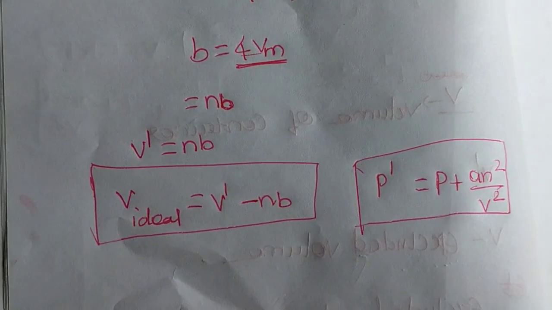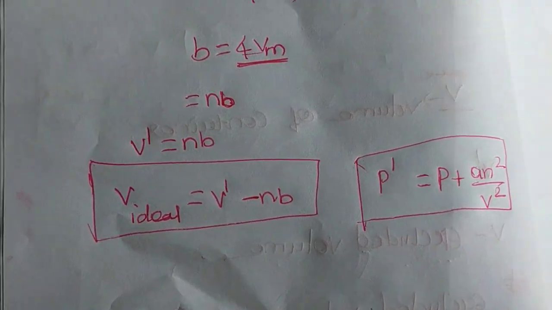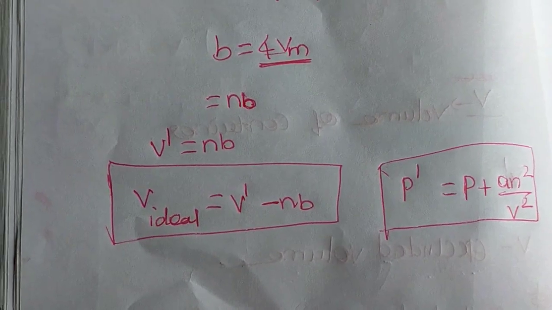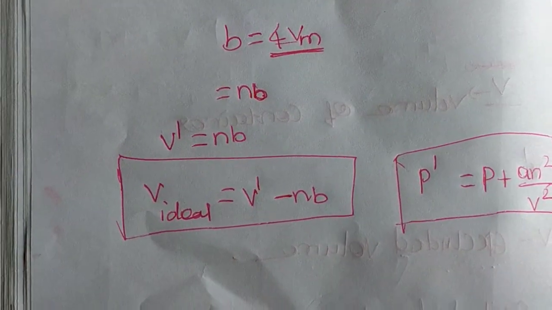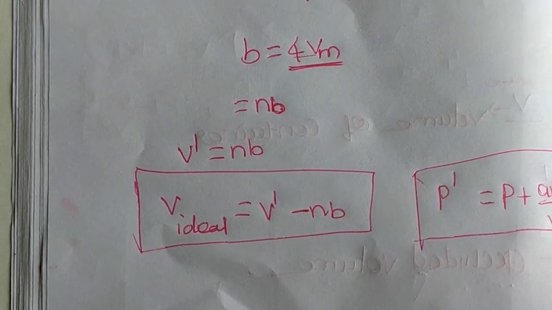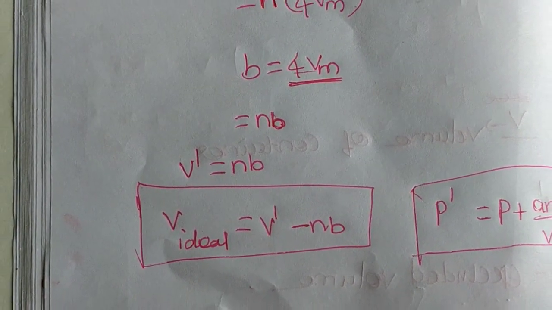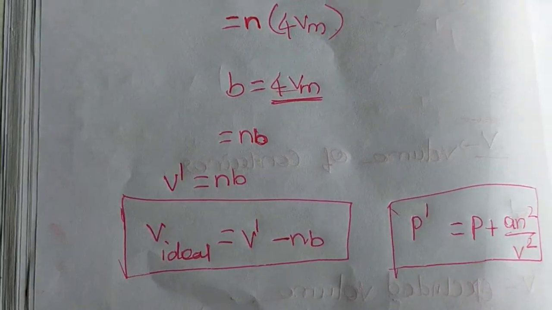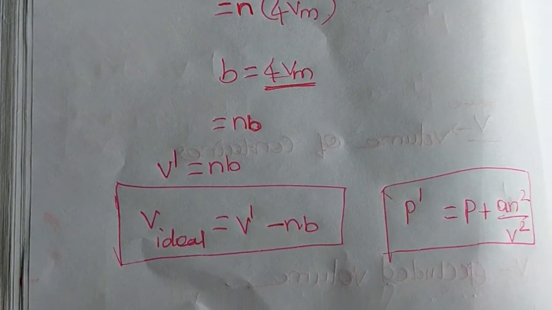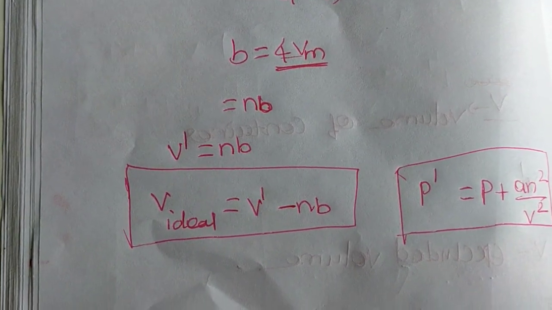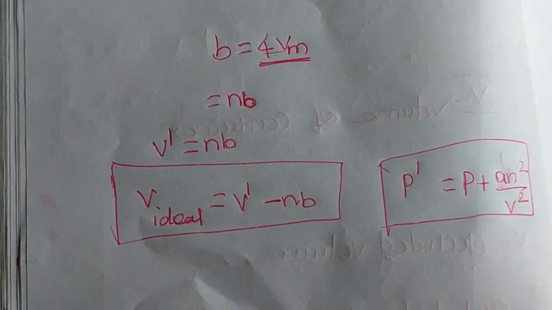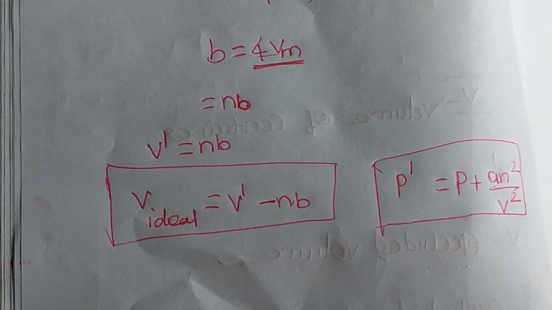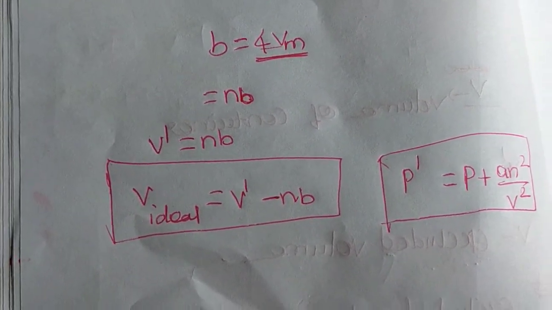So why did van der Waals calculate the correction value for pressure and volume? Because the real gas character of pressure and volume is not identical. It's not showing the similarities with the ideal gas equation. So that's why he made some correction in the volume and also in the pressure.